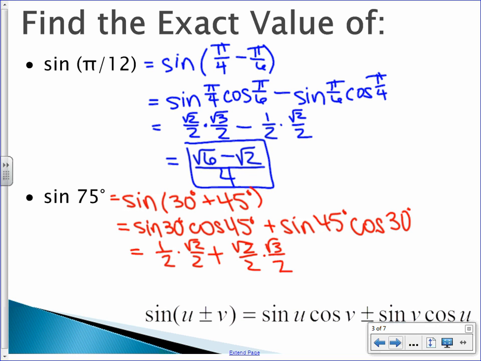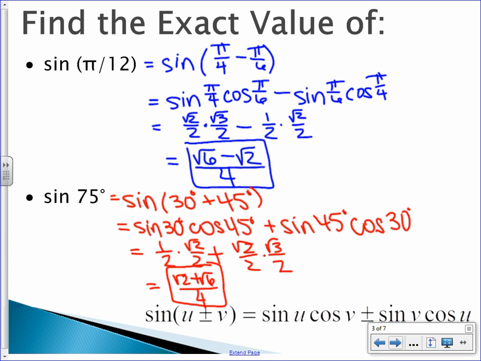Okay, we all know our unit circle, right? So we have radical 2 plus radical 6 all over 4. I realize that you can put this in your calculator, but your calculator is an approximation.